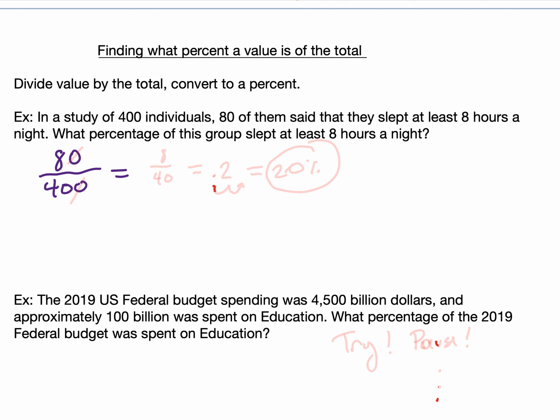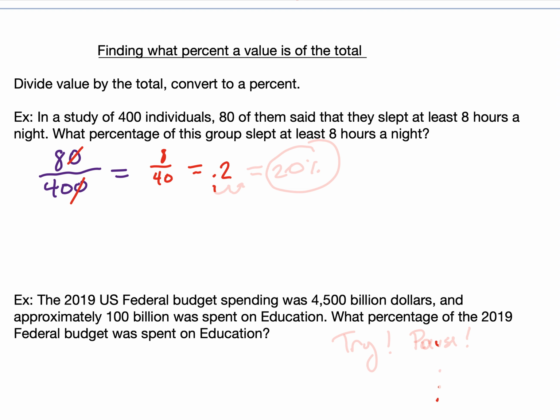And again, we can either do this in a calculator or we could use some mental math. Either way is totally fine. If we were doing it with mental math, we could get rid of those zeros. And so we have 8 divided by 40. And then, 4 is 10% of 40. So 8 is 20% of 40. So this would be 0.2.